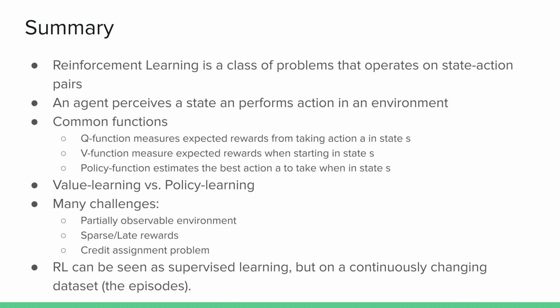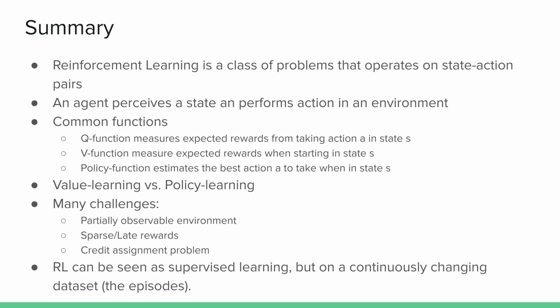Summing up, reinforcement learning is a class of problems that operates on these state-action pairs that we've seen, where we have an agent in our environment and we perform an action in that environment, and then we can observe how the state of that environment has changed.